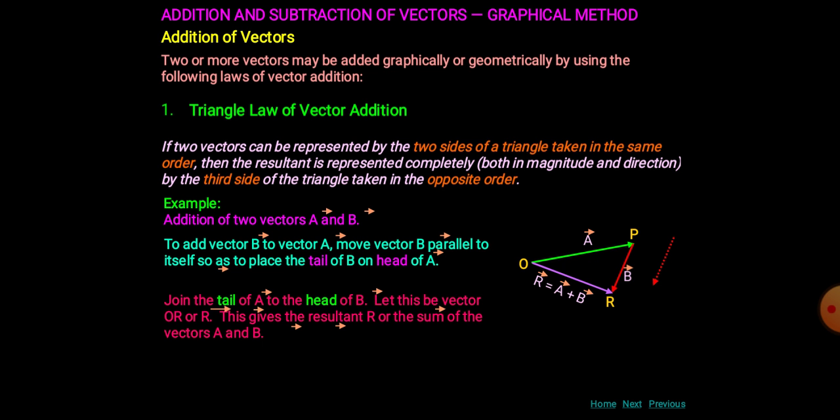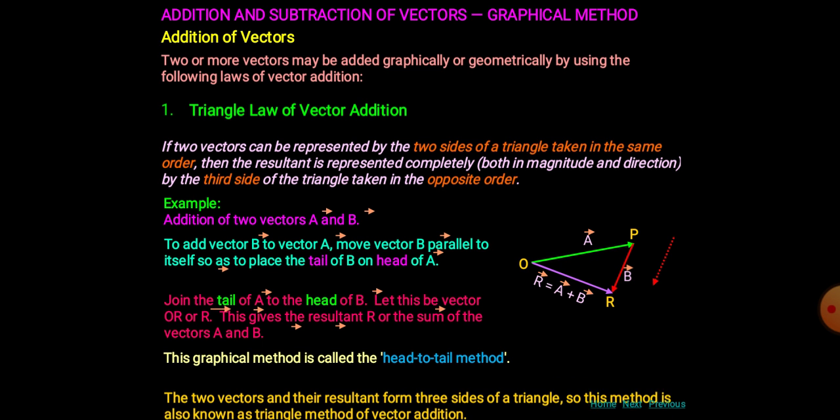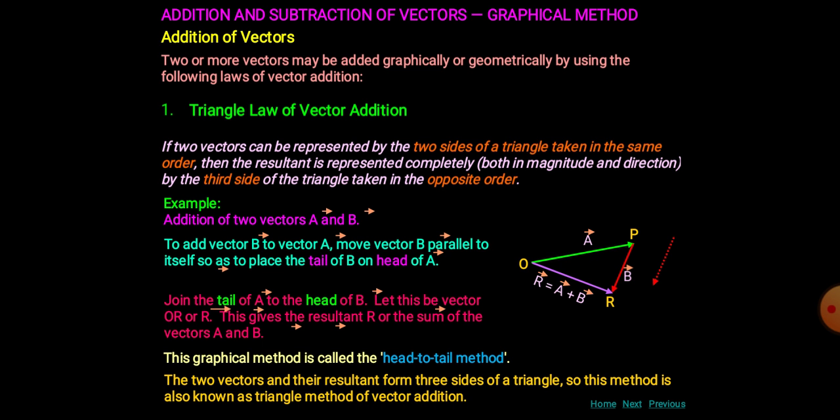So the resultant vector is the third side of the triangle, that is R equals A plus B. So OR is the resultant vector that we can write as A plus B. This graphical method is also known as the head to tail method and it is also known as the triangle law of vector addition.